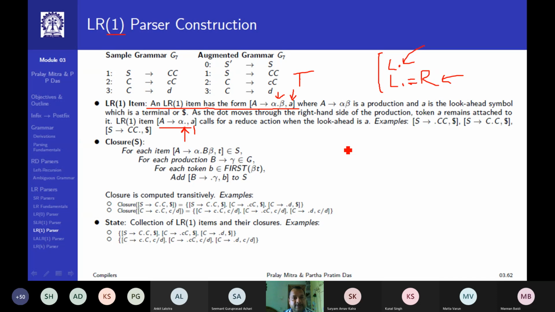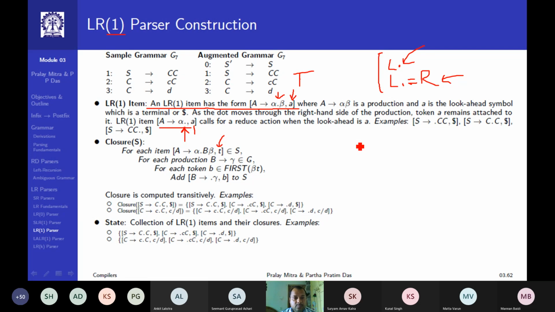Now what will be the modification in my closure property for a non-terminal? Now you incorporate one look ahead information, that is terminal small t. Now if I assume one item A derives alpha dot B beta, dot is in between alpha and capital B. So on the right hand side, capital B is a non-terminal.